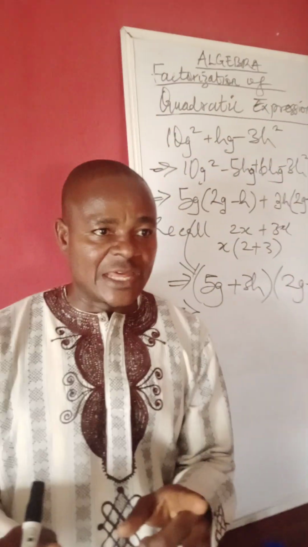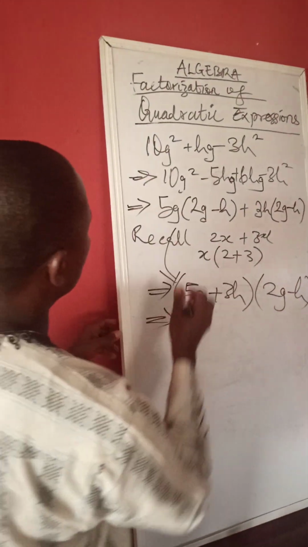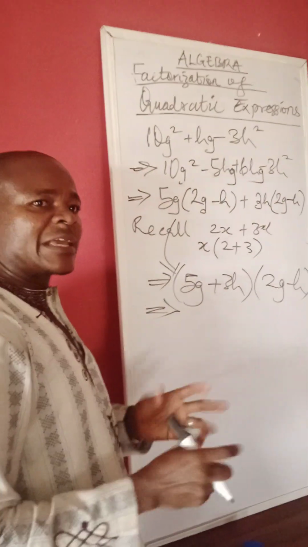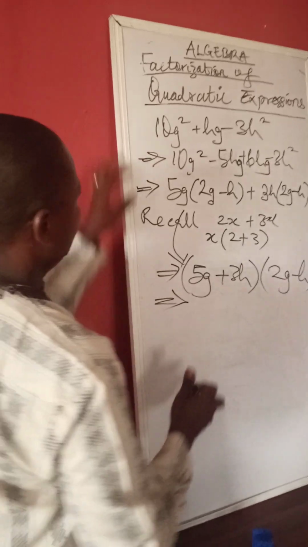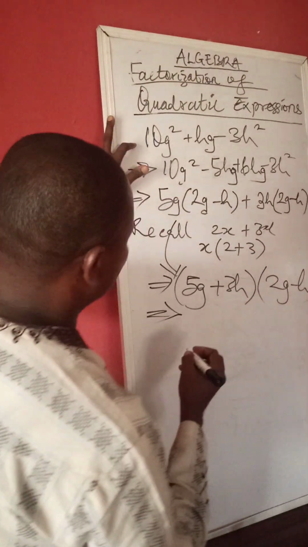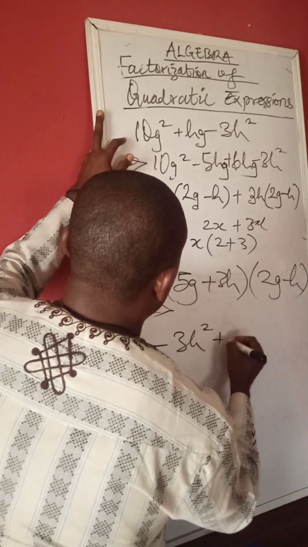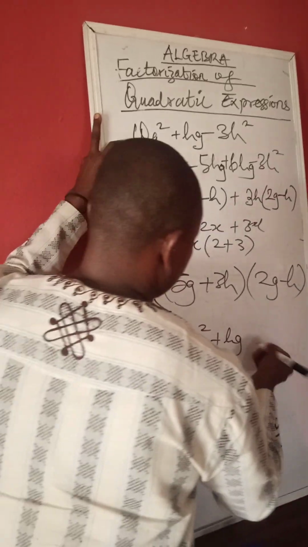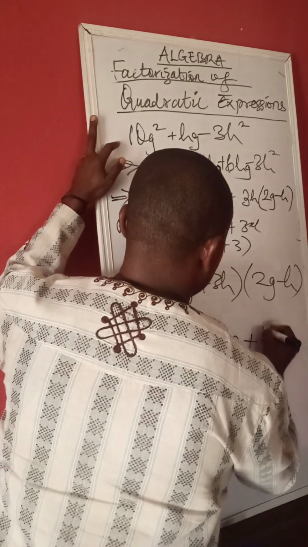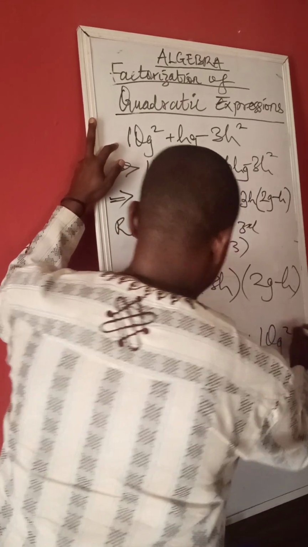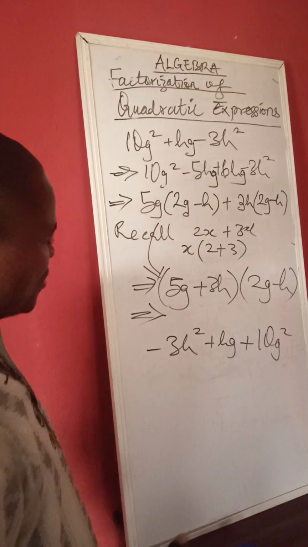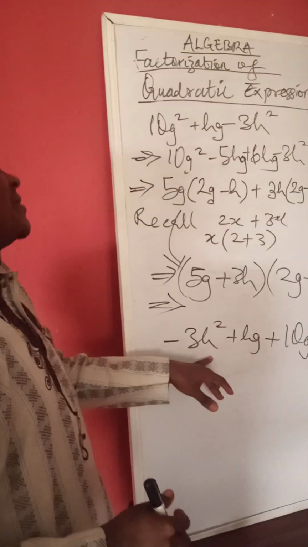And don't forget what I told you earlier. You may also want to rewrite this. This is like homework for our viewers. You may want to rewrite the original expression as minus 3x squared plus hg plus 10g squared, and consider this expression to be quadratic in terms of h.